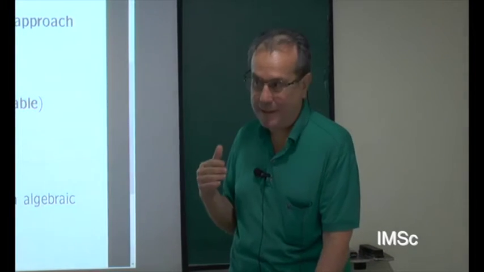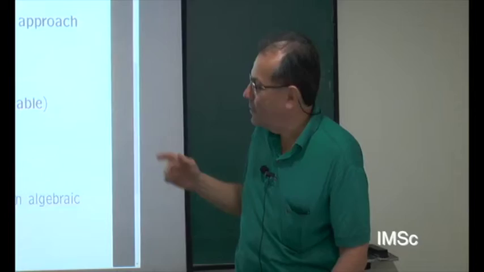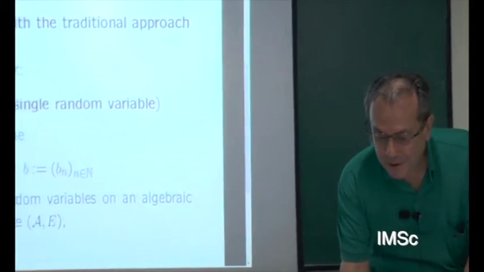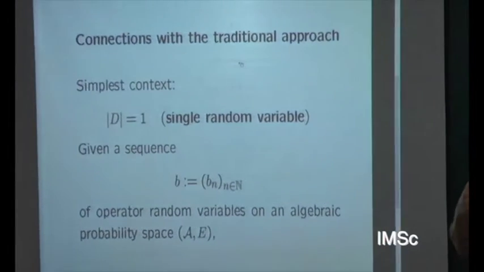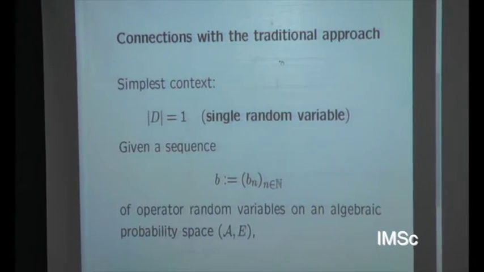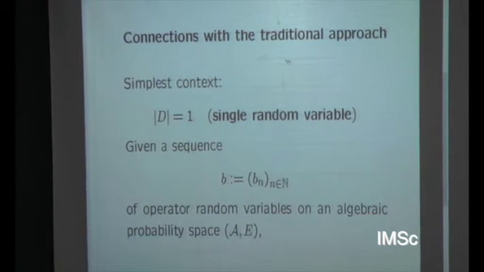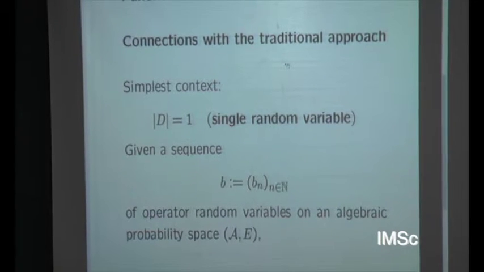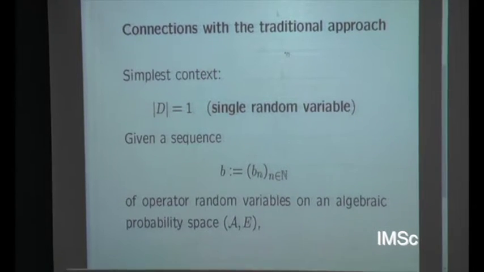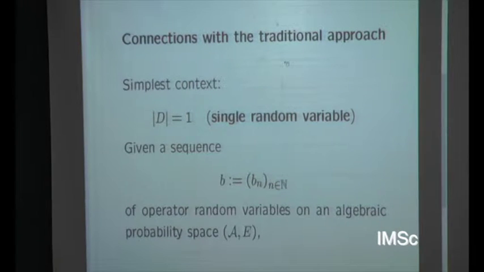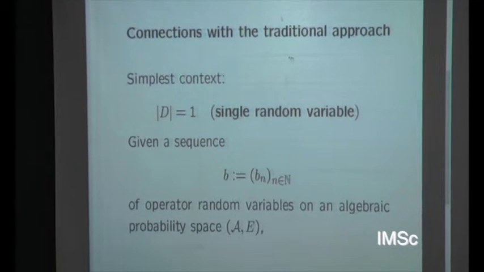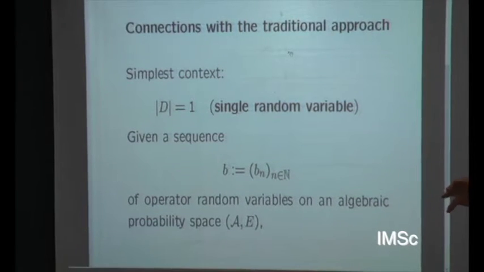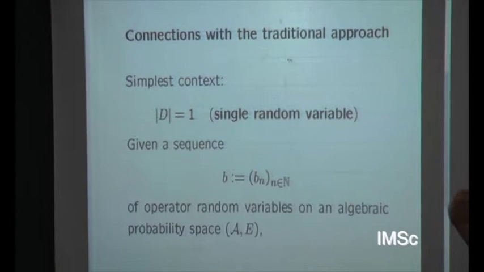How do we pass from the traditional formulation of the functional central limit theorem to the modern formulation, which will involve test functions? The modern formulation is very well suited to emphasize the analogy with quantum field theory, because in quantum field theory you have test functions.